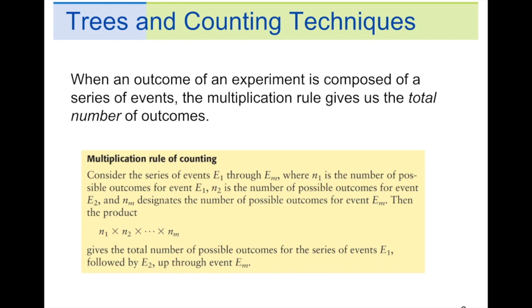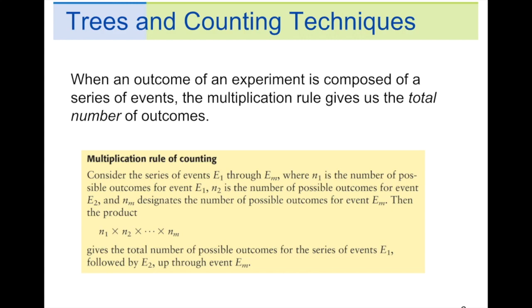So what that means is your first event, N1 is the number of possible outcomes for that first event. E2 is your second event. So N2 is the number of outcomes for your second event.